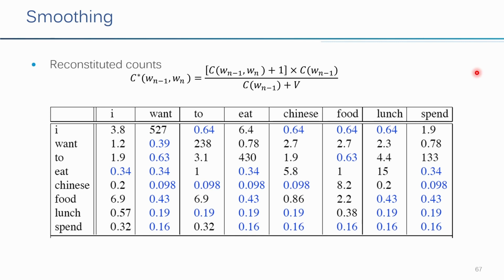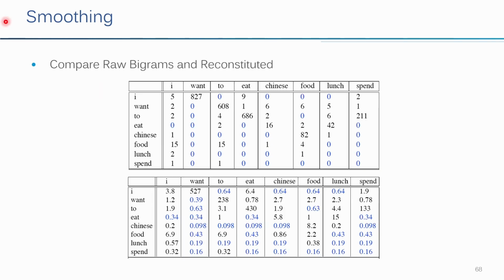And just to put this into comparison, of course, after we recalculate the probabilities, we also reconstitute the counts. We'll see a simpler example of how this is happening. But just to make a comparison, if we consider no smoothing at all, we have the absolute counts for our corpus right here, assuming that's the entire data that we have.